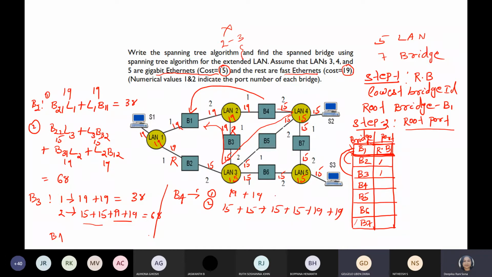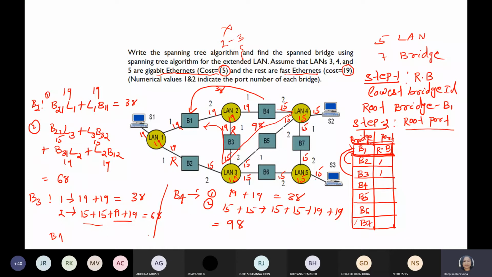What is the answer? The first one is 38. The second one, 60 plus 38, 98. Path 2 is 98. Path 1 is 38.